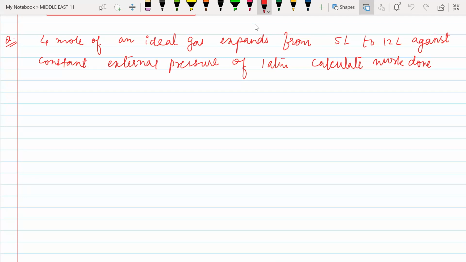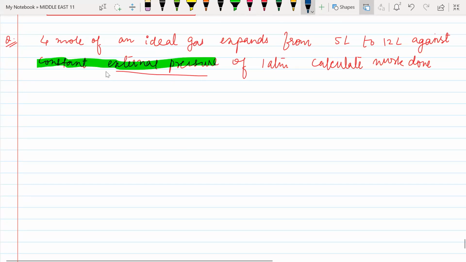Sir, 7 liter atm, minus. Very good. Anyone else? Not minus 7 only, it's liter atm. You can see here it is constant external pressure. That means irreversible process, right?